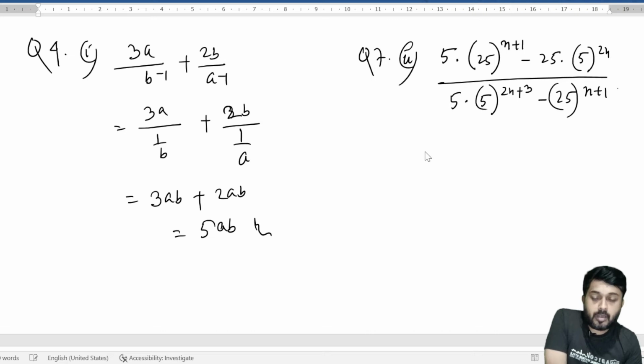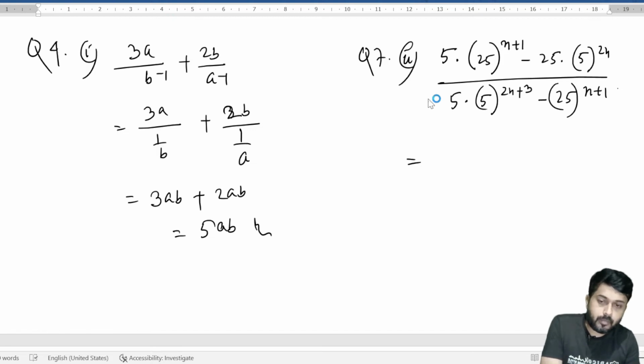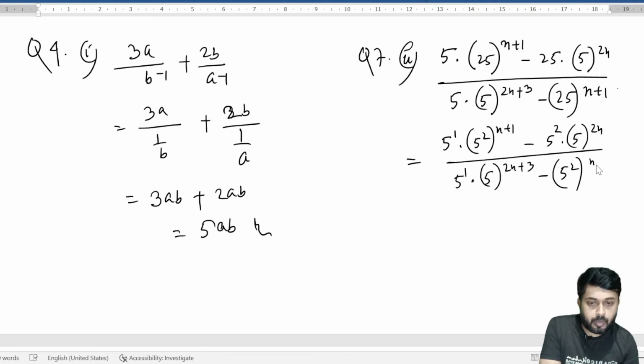Let us see what the answer comes. 5 to the power 1 into (5 square) whole to the power n plus 1 minus 5 square into 5 to the power 2n, whole divided by 5 to the power 1 into 5 to the power 2n plus 3 minus (5 square) whole to the power n plus 1.